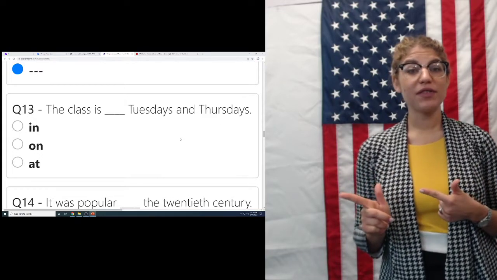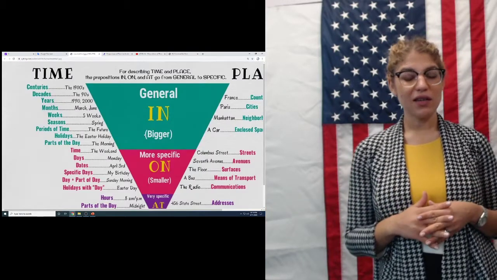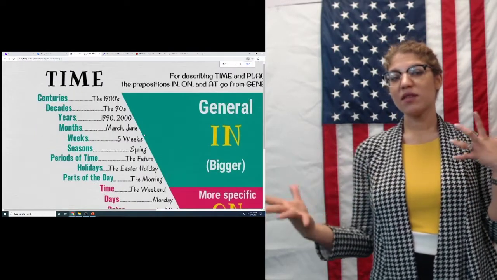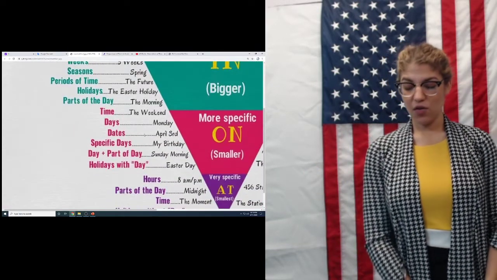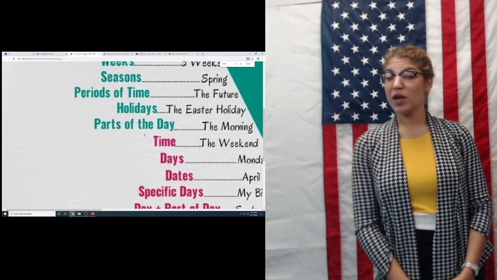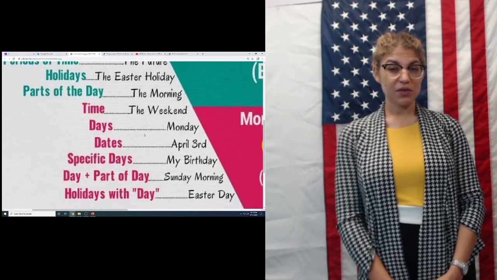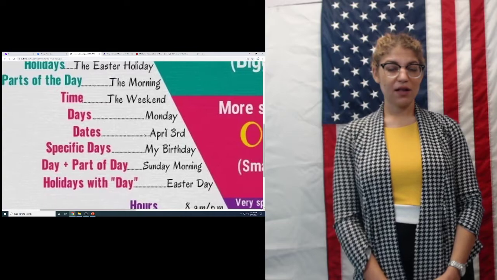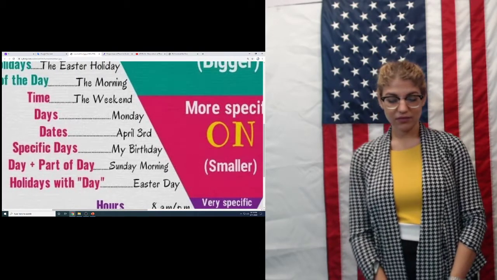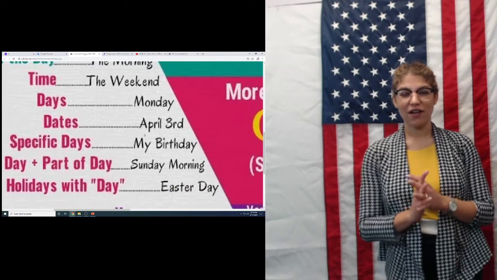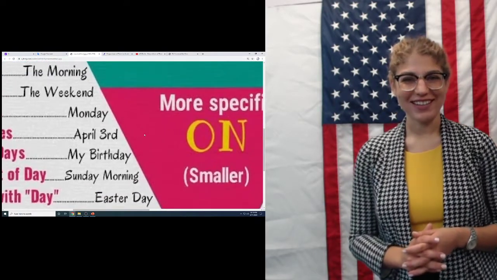Let's return to our visual and maybe we can see. If we have something that is more specific with a day of the week or a day, what word do we use? We use the word on. Thank you, Miss Carlita.